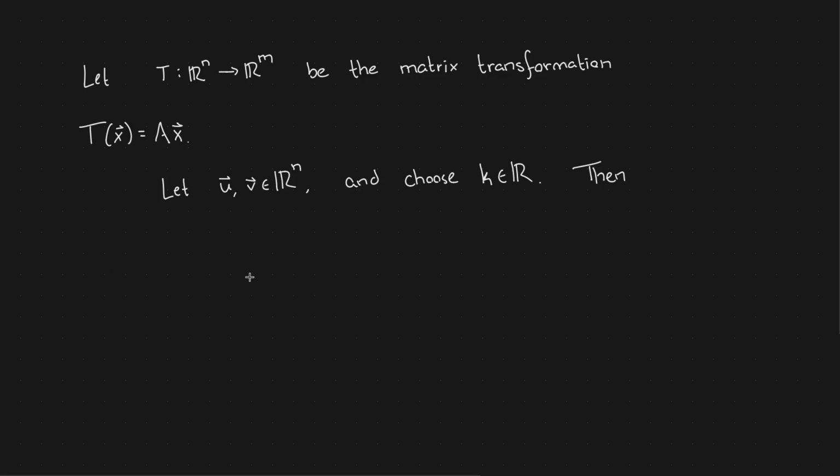Then, if we take T of k times u, we get, by definition, that's A, matrix A, times ku. And by associativity of scalar matrix multiplication, I can pull the k out to the front.